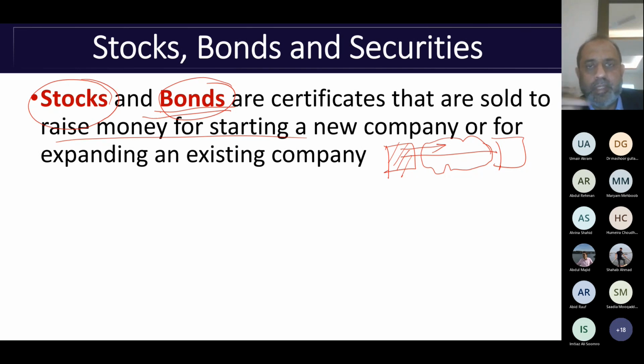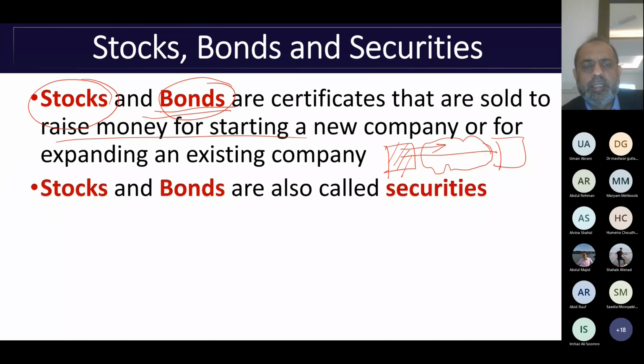If it is $1,000 and a company says, I have this $100,000 bond, I am willing to pay 10% interest on this every year, and after 10 years I'll return $1,000. So this is something where every month you are earning something, and then at the end you get your principal back. Okay, so these are the bonds.